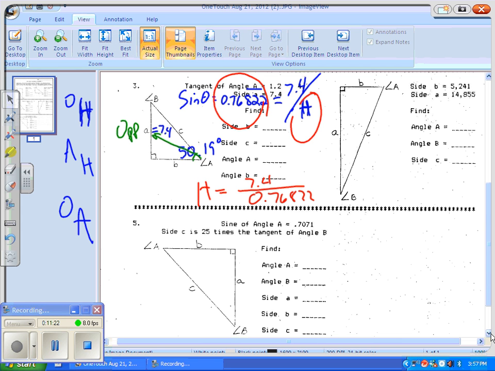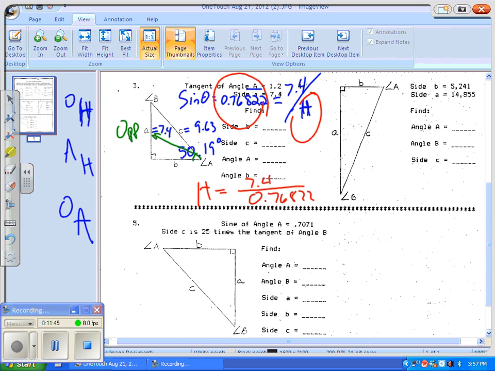That 0.76. So I'm just going to put in 7.4 divided by second function answer. And I find out that my hypotenuse is 9.63. Everybody agree with that? Okay.